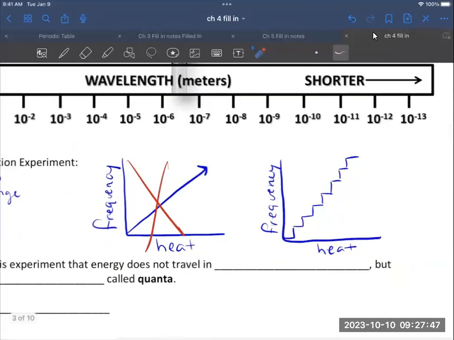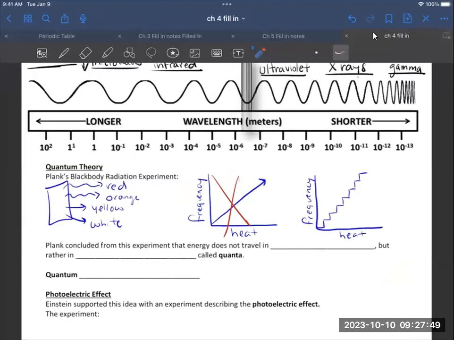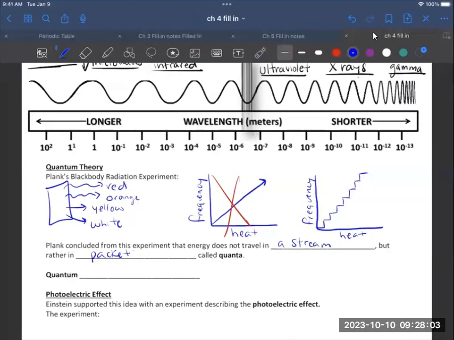So that basically allowed Max Planck to conclude that energy does not travel in a stream, but rather in packets called quanta. Quanta is the plural, quantum is the singular.